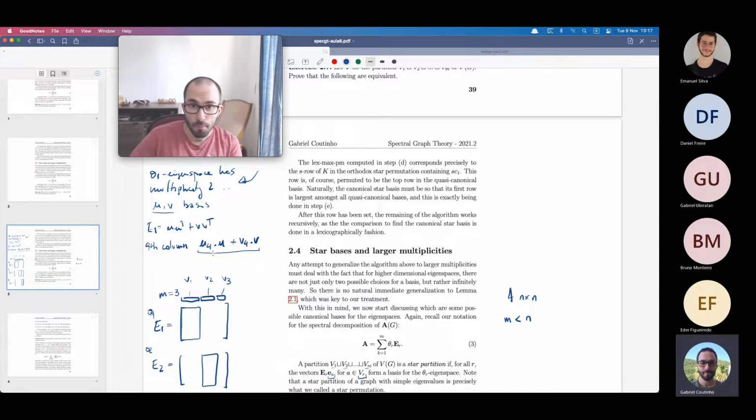Not only that, but the rank of E sub 1 is equal to the multiplicity of theta 1 as an eigenvalue.